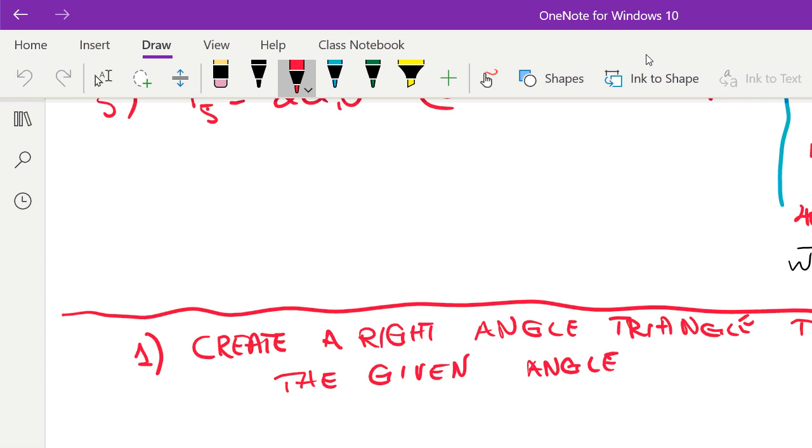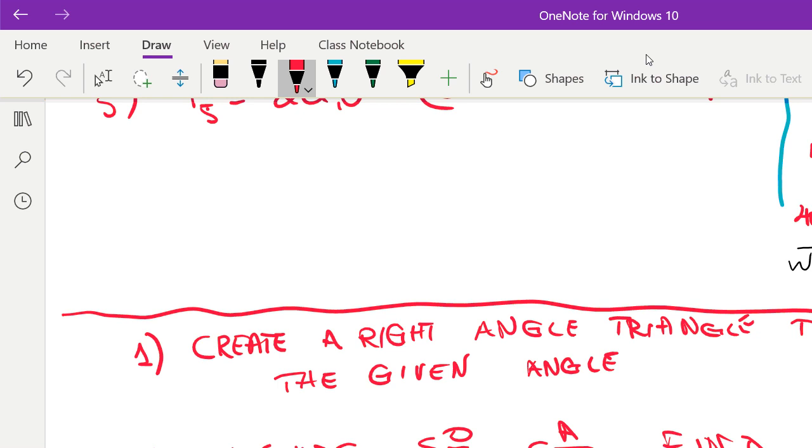And then, using SOHCAHTOA, find the horizontal and vertical component of the vector.